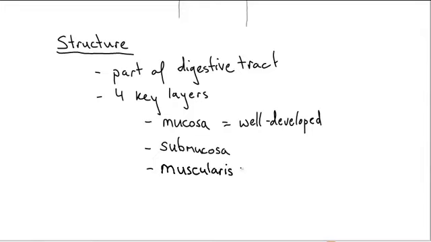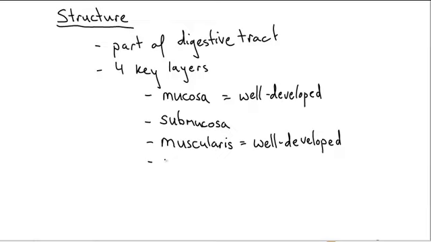And again, in the stomach, this is particularly well developed to help you churn your food. And then on the outer layer, to help things keep from chafing, you have your serosa. Okay, so it has those 4 key layers.